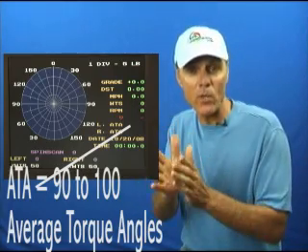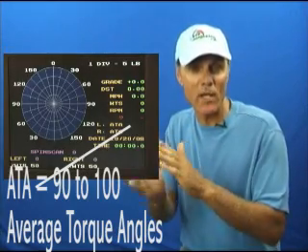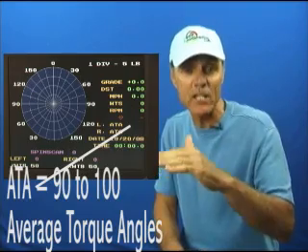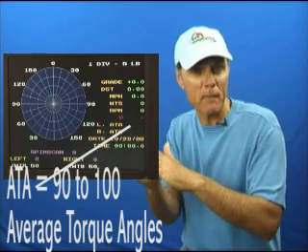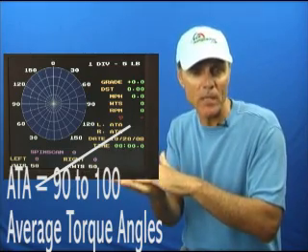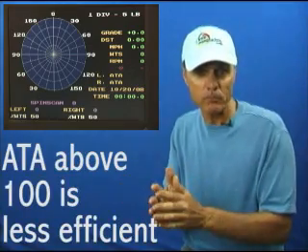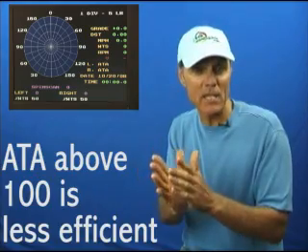What we look for is that torque angle to be 90 to 100. 90 being A level, elite and pro level, and 100 being more like a B minus to C level. Anything over 100 degrees on that average torque angle is inefficient. If I can get an athlete to be close to 90 to 95, I'm very happy with that.